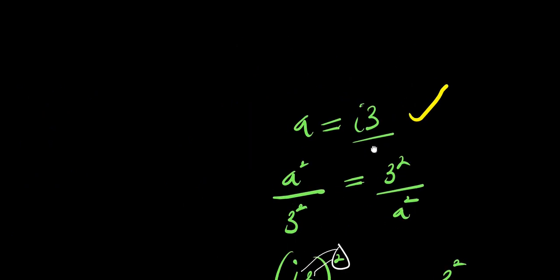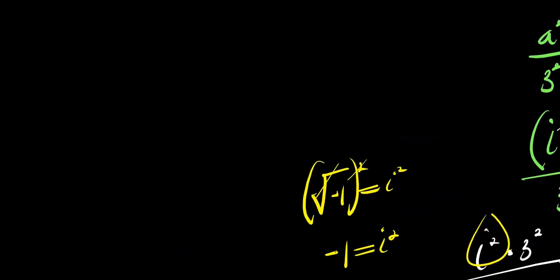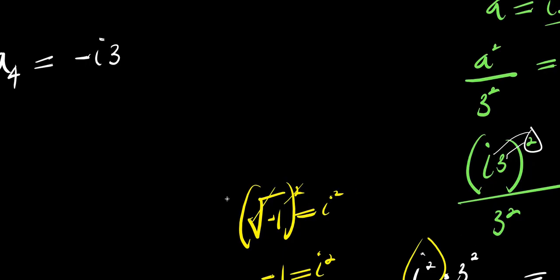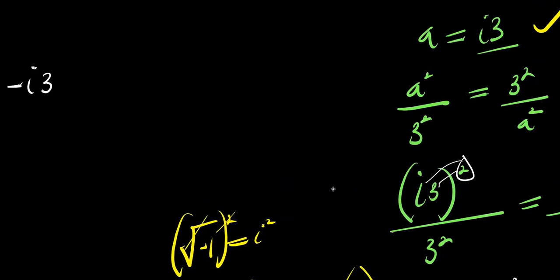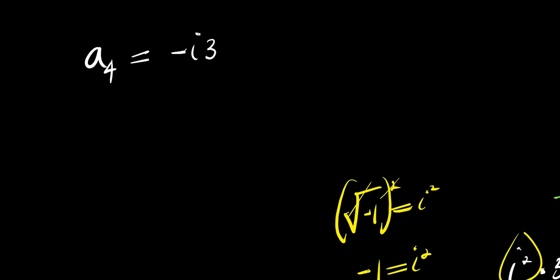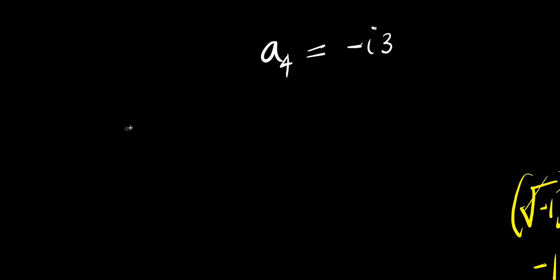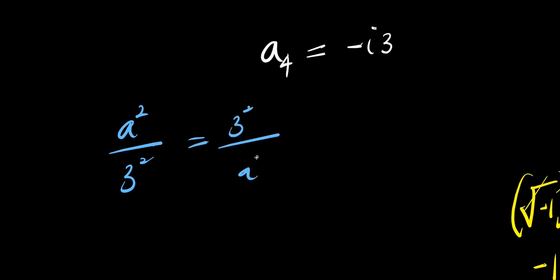So ladies and gentlemen, let's consider the final one, which is A subscript 4. This is negative I times 3. So what we are going to do is to copy the equation again, which is A power 2 divided by 3 power 2 equals 3 power 2 divided by A power 2.